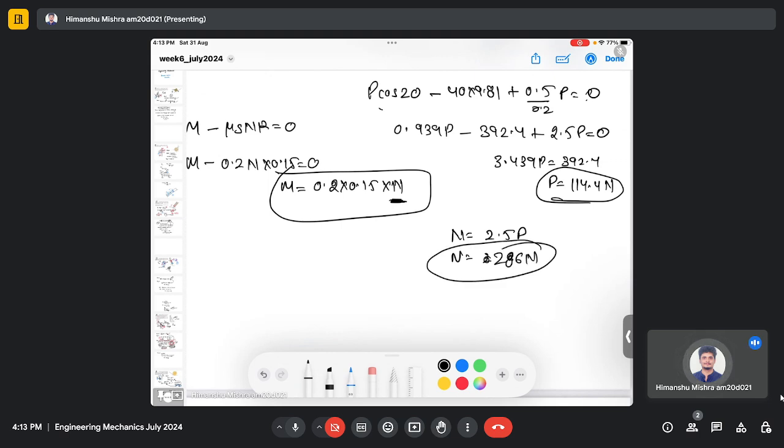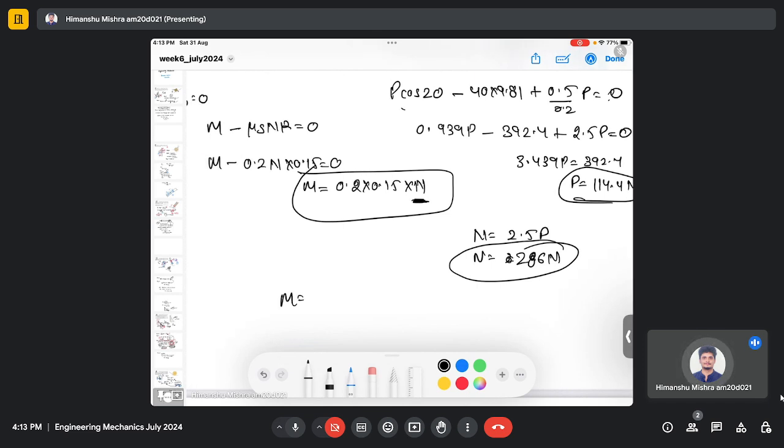So this is the value of N. So my moment will be 0.2 multiplied by 0.15 multiplied by 286. So my moment will be then 8.6 Newton meter. So this is the moment.